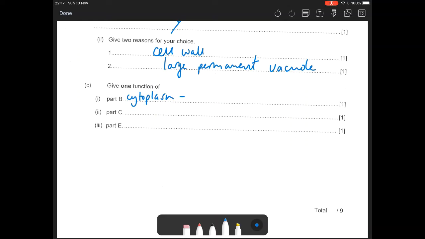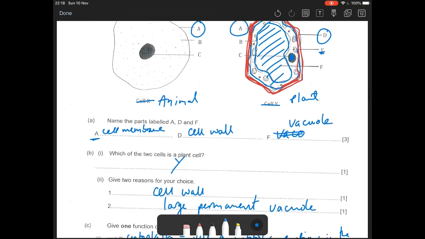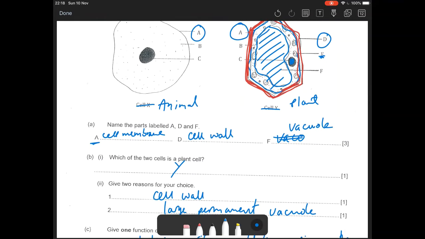So part B, the cytoplasm, its job, how we're going to describe it, the main thing is the site of metabolic reactions in the cell. Look at this here again. C, we find it in both cells again.